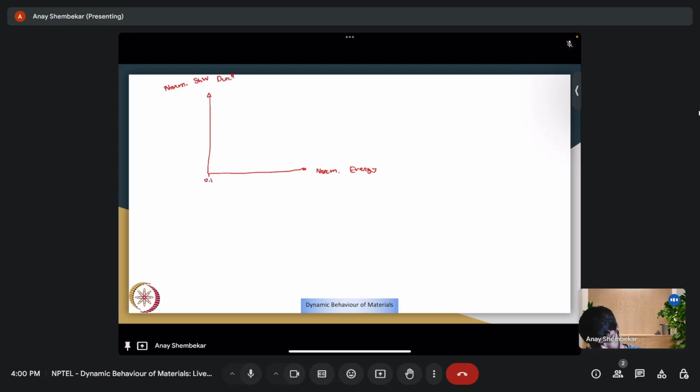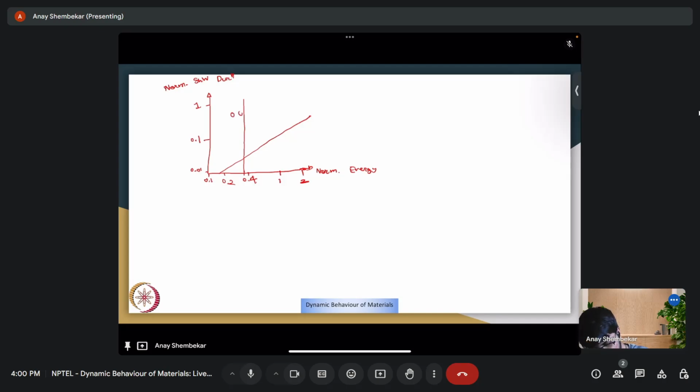Put 0.1 to 0.4, 1.2, and here you have 0.01, logarithmic scale 0.1. Those two factors lead to a plot that looks like this.